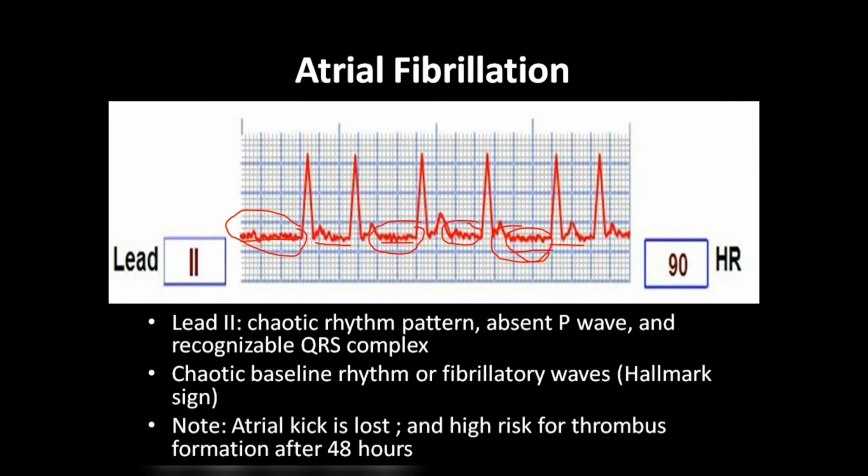This continuous contraction and relaxation causes the blood in the atrium to clot, and there will be a thrombus formation. This kind of thrombus formation usually occurs after 48 hours if the atrial fibrillation is not corrected within that time duration. So this is a dangerous condition if it is not treated within 48 hours.